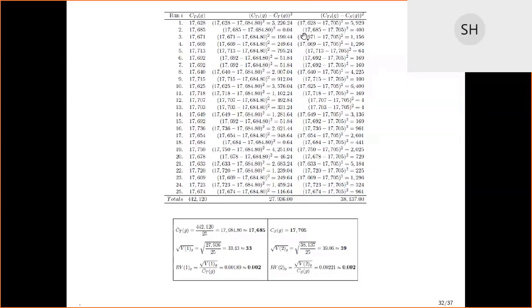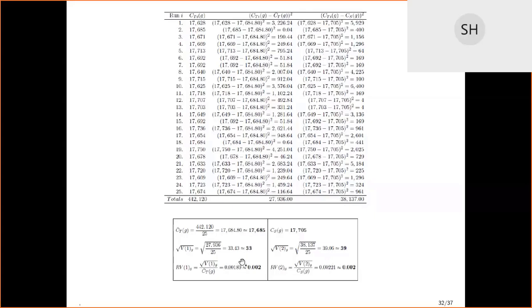We do a similar thing for the second run and the swapping count, and for the third run. At the bottom of this table we come away with a total of 27,936. Divide that by 25, take a square root, and we get a measure of standard deviation of 33. From this column, looking at these differences, we get 39 if we're comparing with swapping.